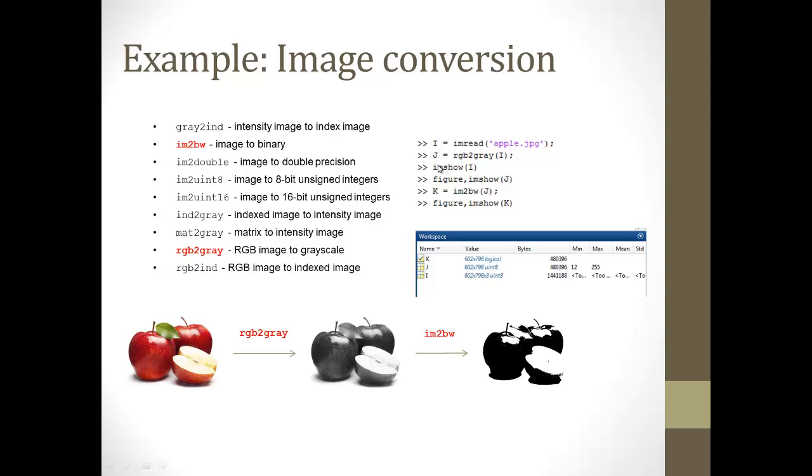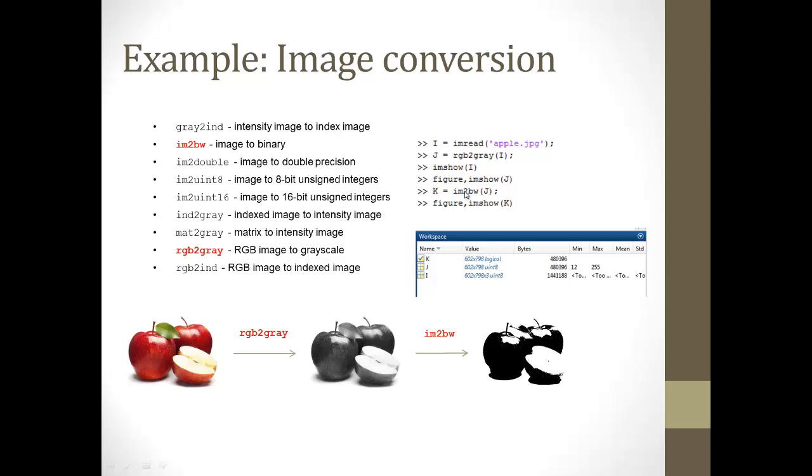If you show I and J, I will look like this one, and J will be shown like this one. This is a gray image. After we get the gray image, we can use im2bw to convert this image to a binary image.